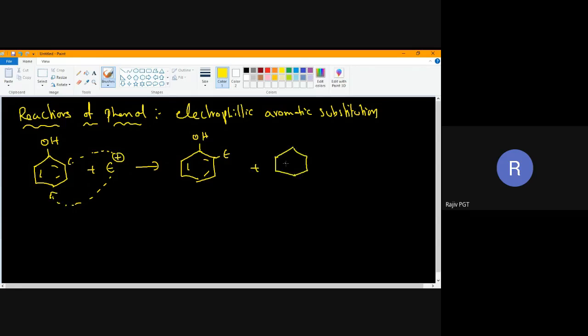Next, this is OH, and here the electrophile will be there. These electrophilic substitution reactions will be shown by phenol.